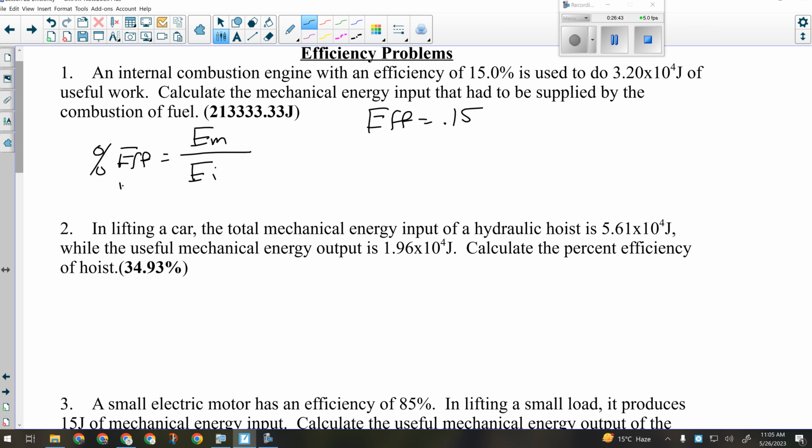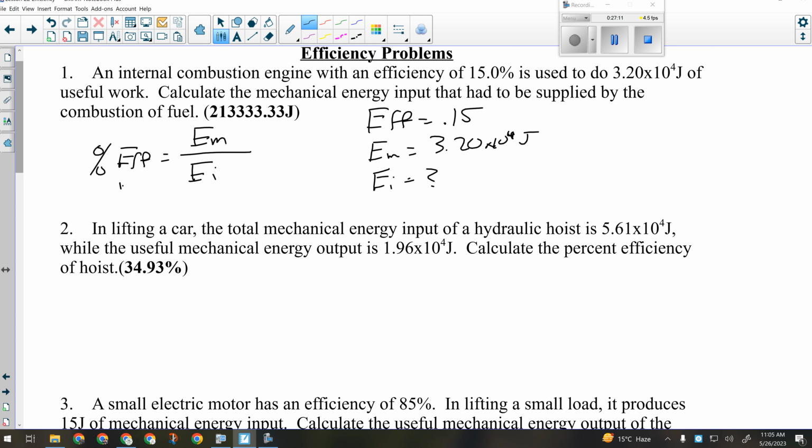Useful work is the top number, so that is EM. So we are looking at 3.20 times 10 to the 4 joules. Always look for those words, useful work. That's the top number. Energy input or energy used, that's the bottom number. So what I'm looking for in this one is the bottom number.